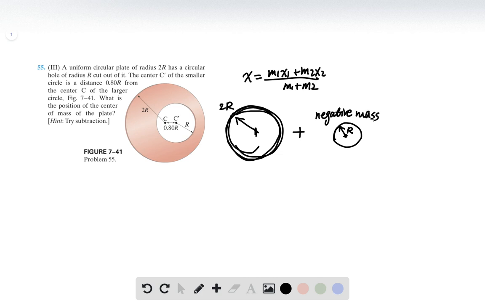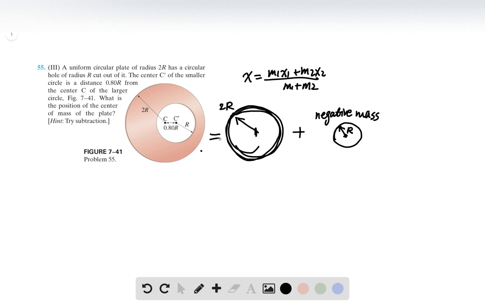If you consider the superposition of a positive mass of radius 2r and a negative mass of radius r, and you superpose them, then you will end up with a configuration like the one in the figure, because where they overlap, positive mass plus negative mass equals 0, which is a hole. So this is what this question wants us to do.